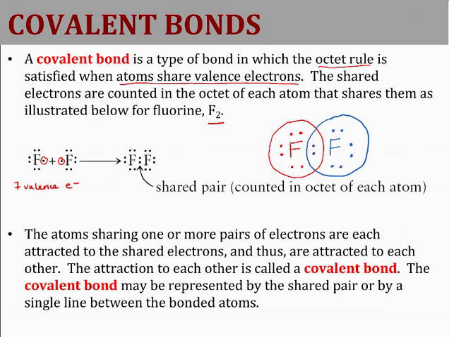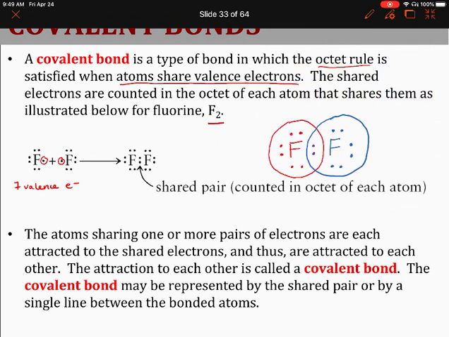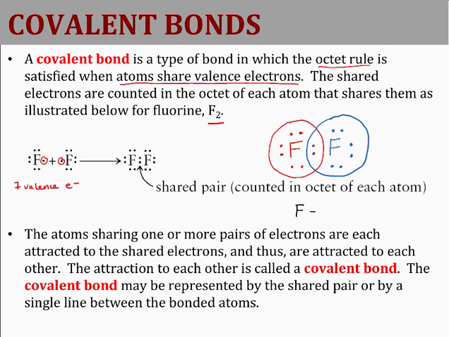So the atoms sharing one or more pairs of electrons are each attracted to the shared electrons, and thus are attracted to each other. The attraction to each other is called a covalent bond, and the covalent bond may be represented by the shared pair or by a single line between the bonded atoms. So we could also draw this as 2 fluorine atoms with a line between them, and that line represents 2 electrons.